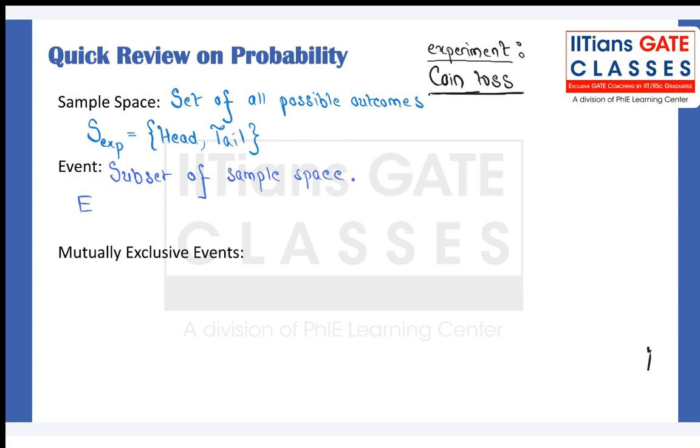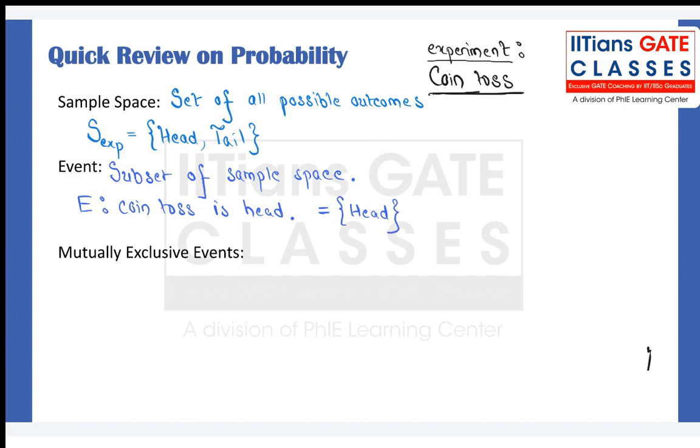Your event could be: coin toss is head. This is an event. Event means that if you toss a coin, the outcome is head. In this case, since it's a subset of the sample space, the event contains only one outcome, which is head.